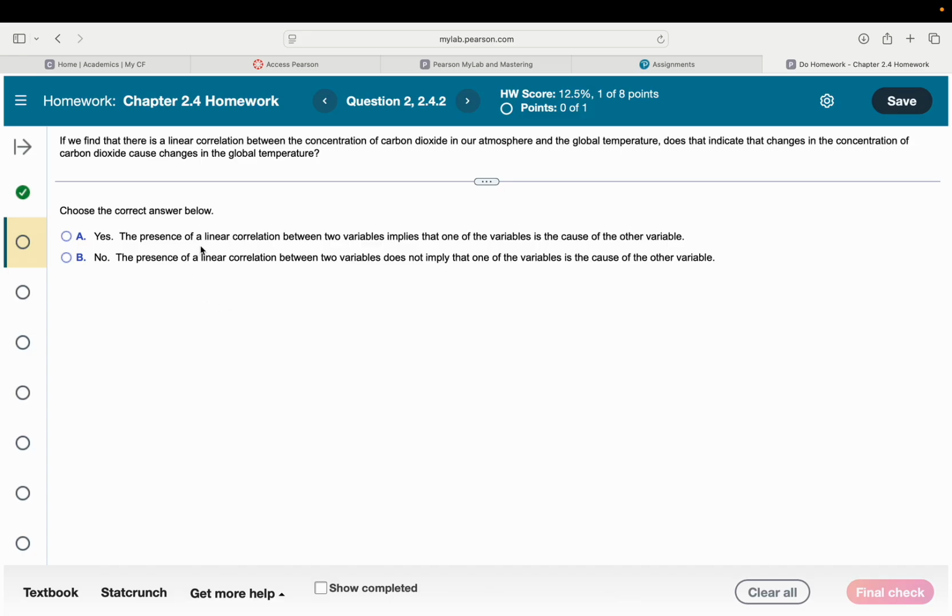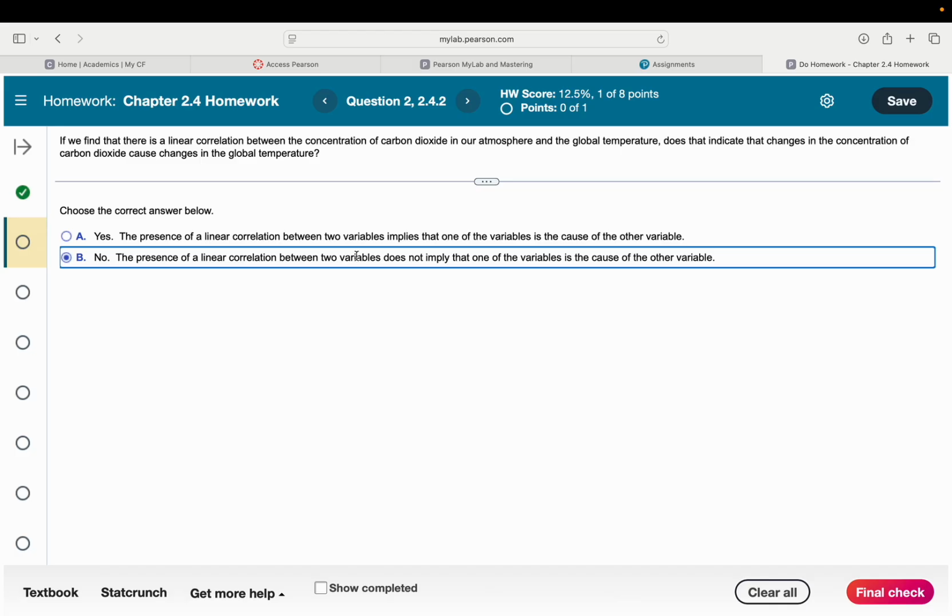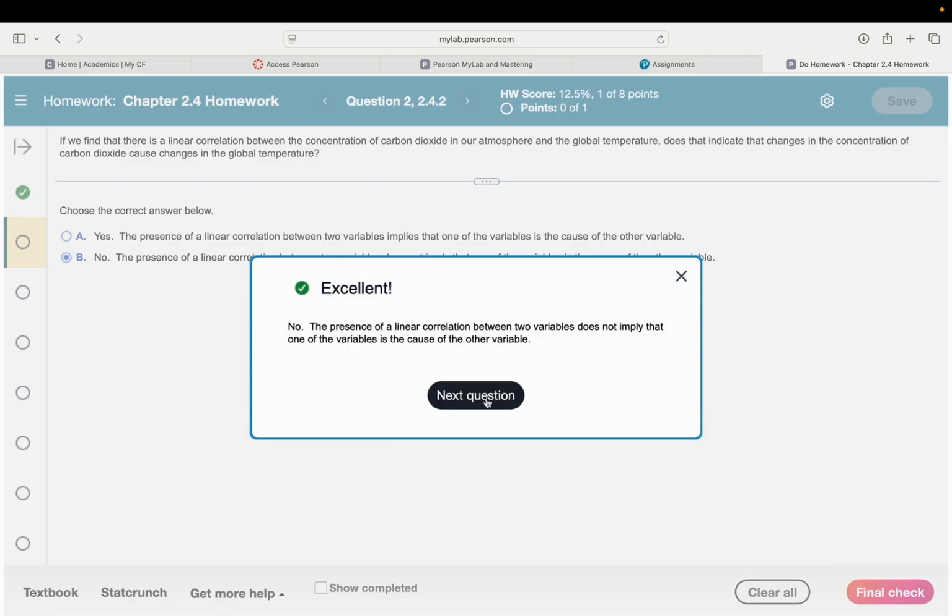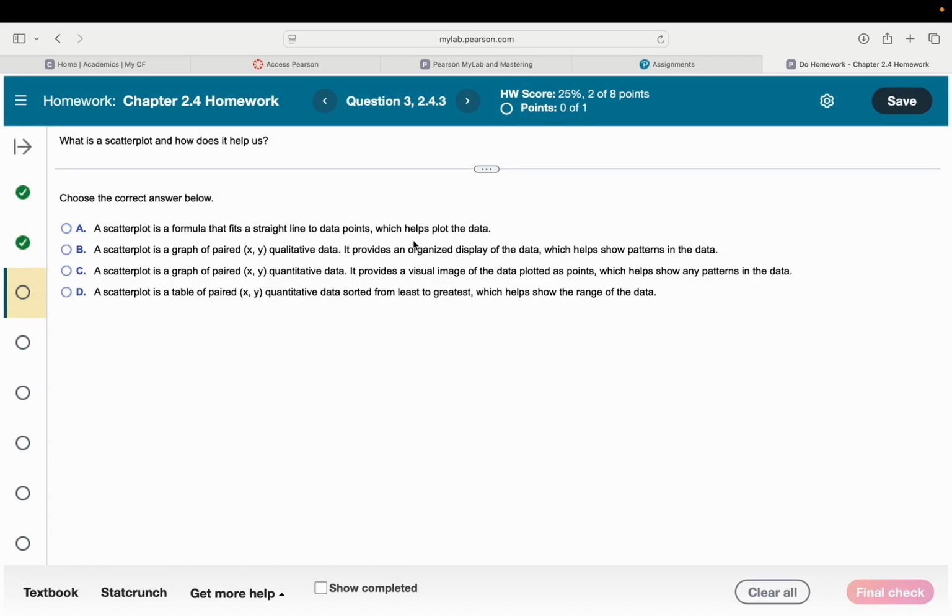But at the same time, just because we notice that doesn't mean we have confirmed that it causes it. We can say there's a relationship, but we don't know if it causes it. We have to do another study. So, no, the presence of a correlation does not imply causation. So there it was. They just used a little bit more flowery words around it.